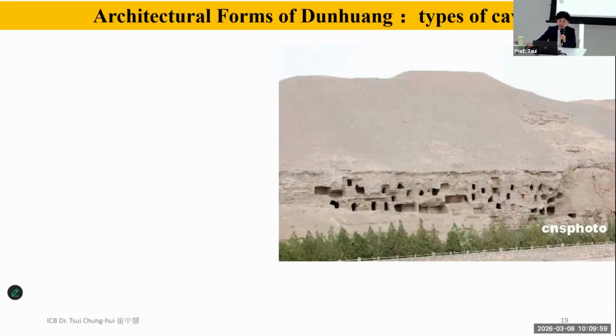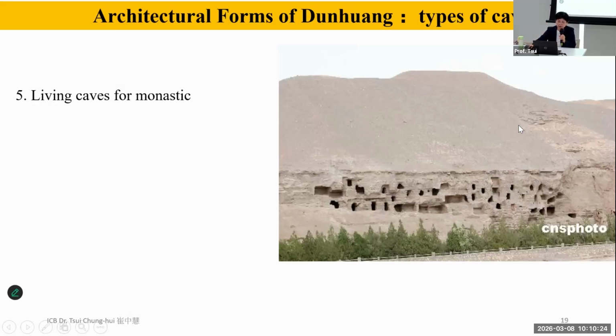And there is an area where a lot of caves were built, that is the northern district. This is an area used only for monastic Buddhism, for monks' living and practicing meditation.